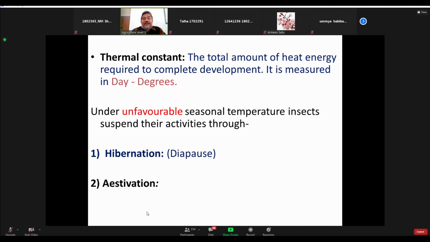So insects can go to hibernation due to unfavorable seasonal temperatures. When the temperature is too low, the insect will go to hibernation or in the form of diapause. Is it clear?